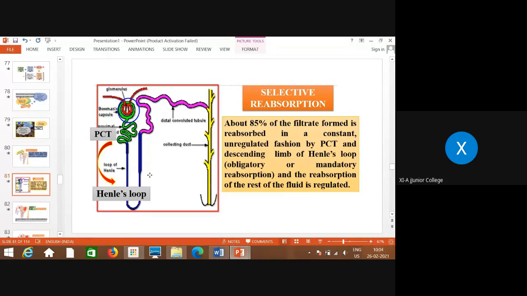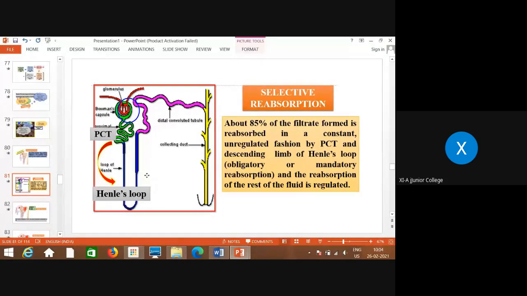This is what happens when the filtrate moves down the descending loop, taking a U-turn through the proximal part of the ascending loop to the distal thicker region of the ascending limb of the loop of Henle.